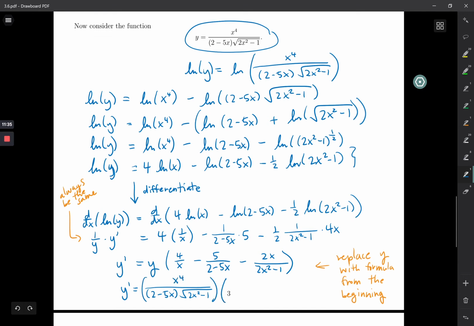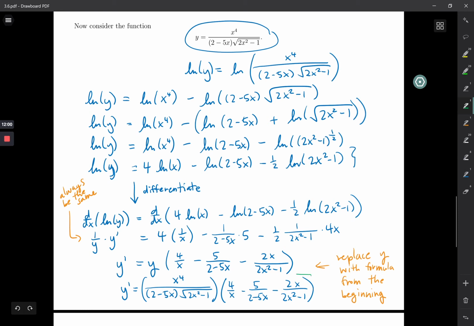So that's y, and that will be multiplied by this other stuff that we computed. I'm going to hide that. So 4 over x minus 5 over 2 minus 5x minus 2 over 2x squared minus 1. Like that. And that is our answer.